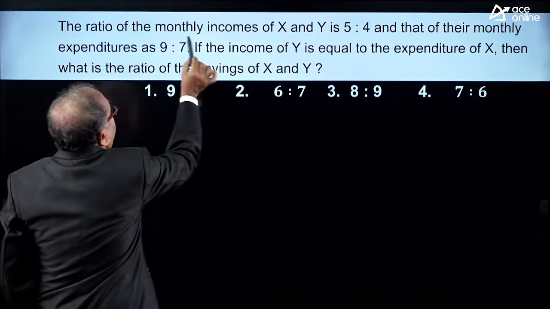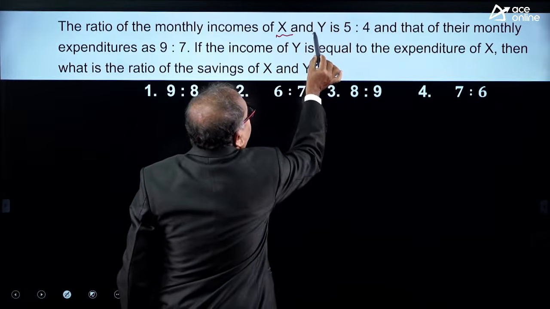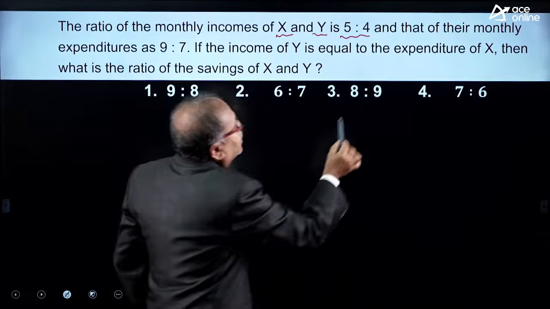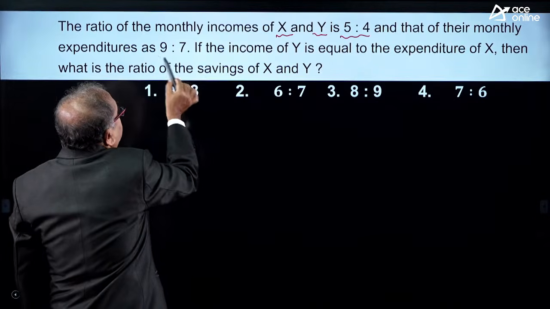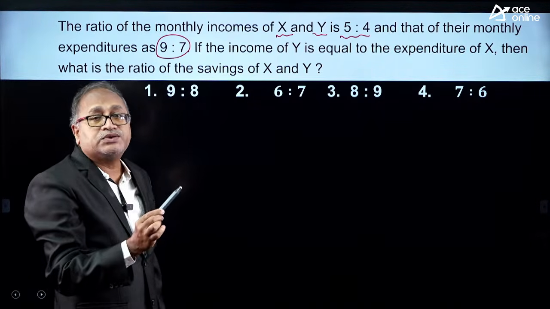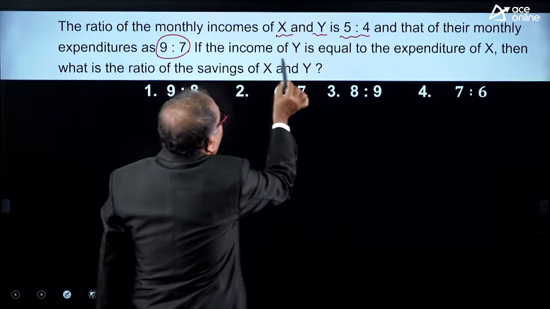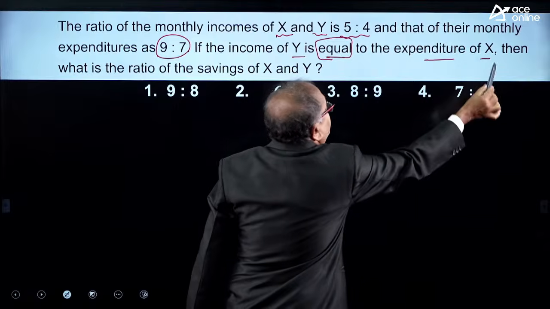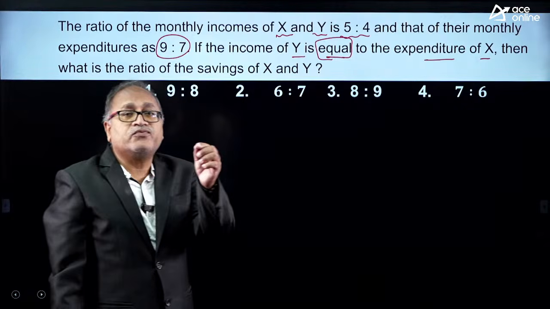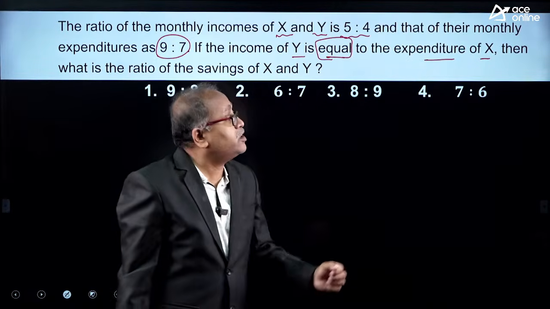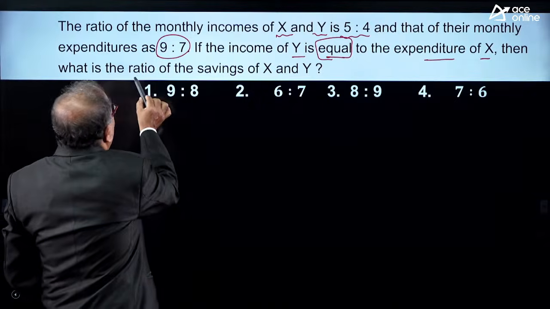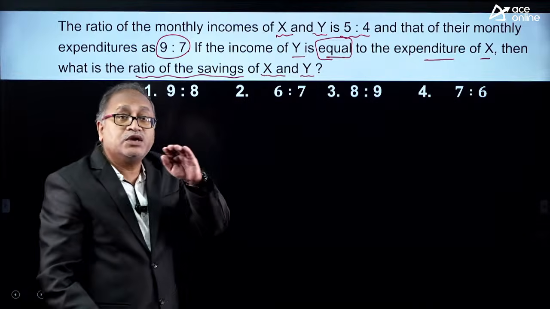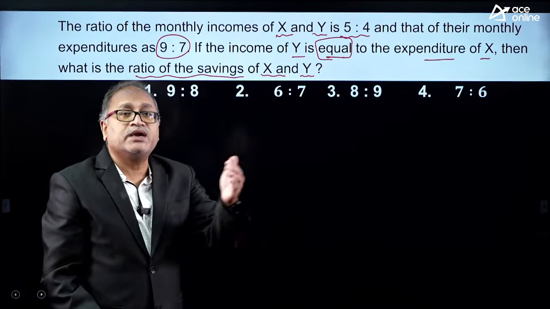Now here it says the ratio of the monthly income of X and Y is 5:4, and their monthly expenditures are in the ratio of 9:7. Now if income of Y is equal to the expenditure of X, then what is the ratio of saving of X and Y?